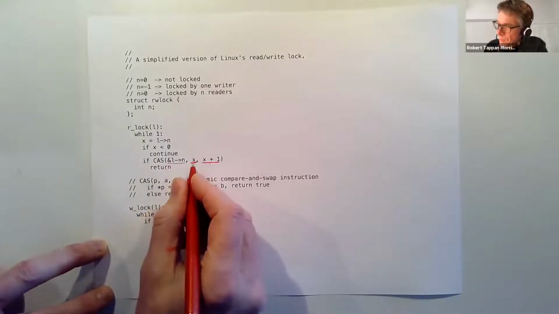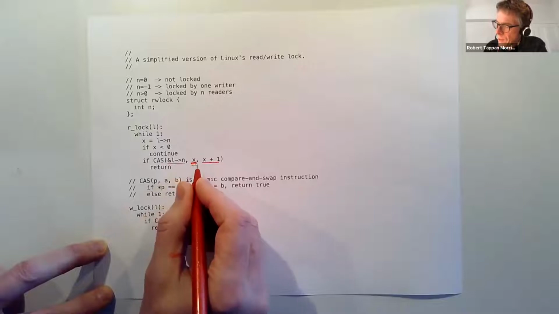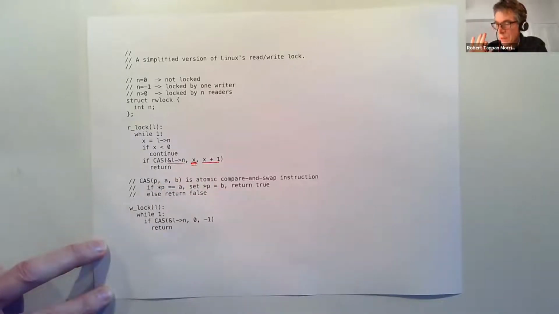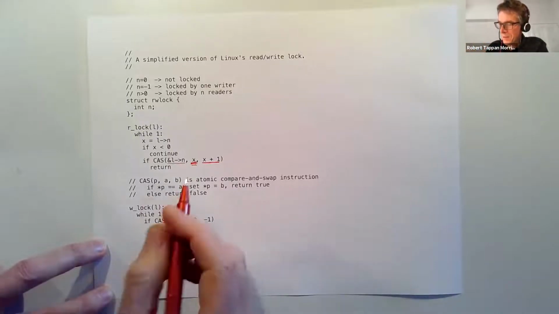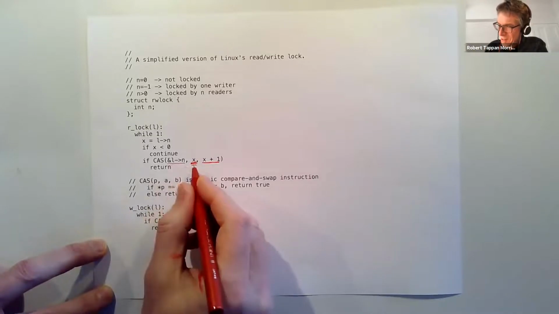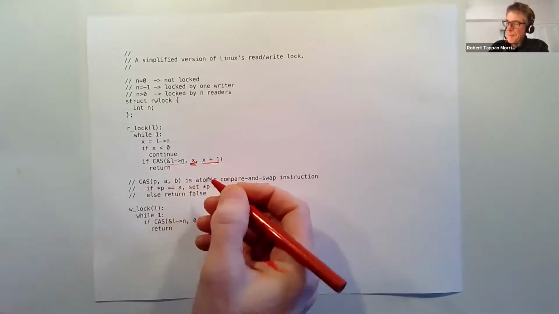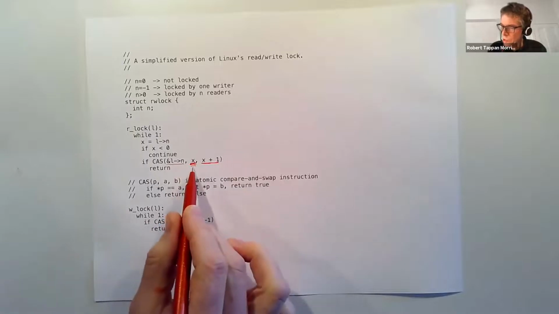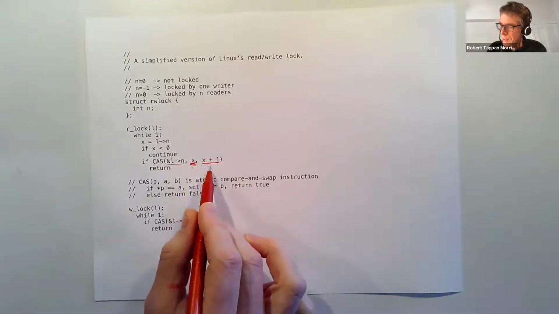If compare and swap observes that the current value isn't x, then it doesn't change the memory location, and it returns 0. So this is basically an atomic 'if the location is x, set it to x plus 1'. It has to be atomic because there are really 2 things going on: the hardware is checking the current value and setting it to a new value.